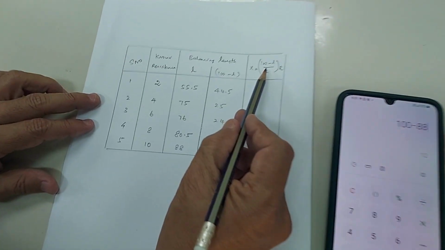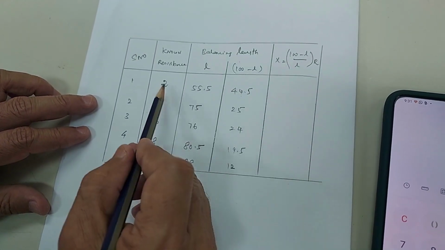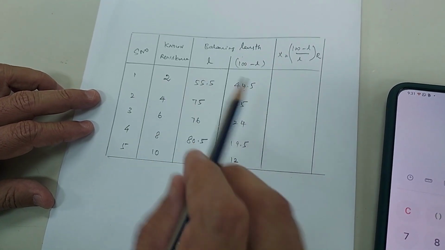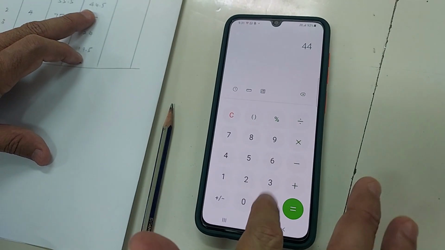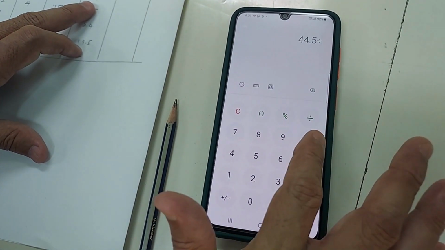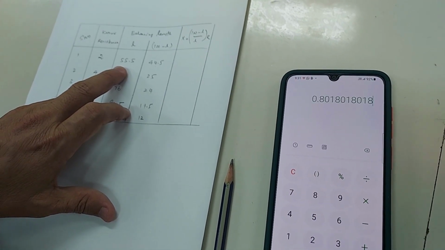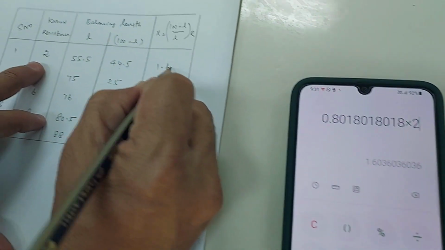Now see the formula, 100 minus L by L into R. So this divided by this, into this. So 44.5 divided by 55.5 into 2, it comes 1.6. So the answer is 1.60.